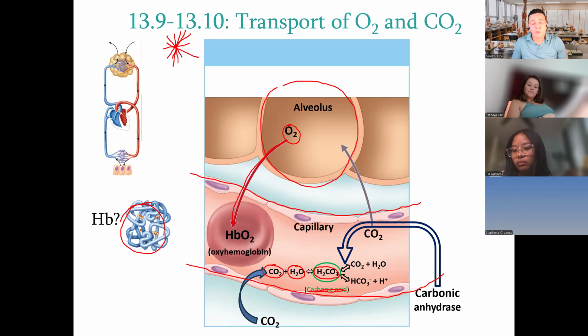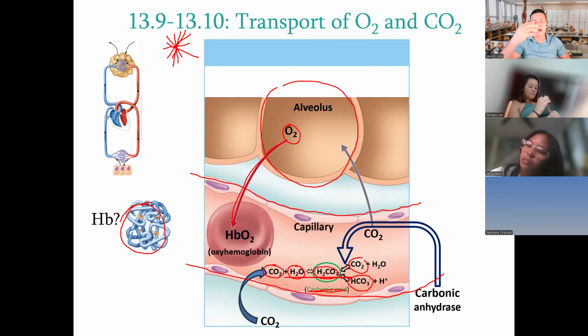Okay? Now, this carbonic acid very easily dissociates. This carbonic acid is going to break down into HCO3 minus and CO2. So we have this constant formation and degradation of the carbonic acid.